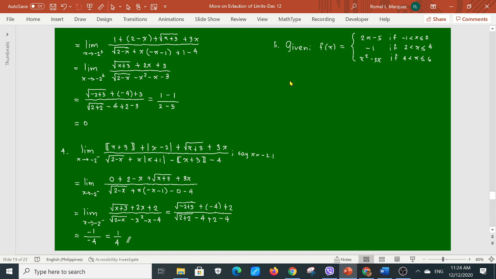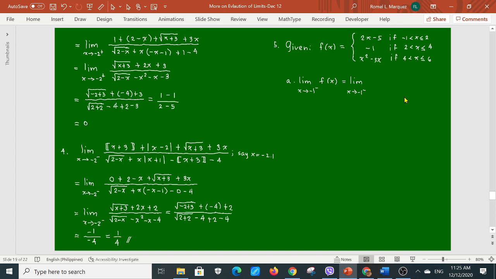Okay? And then we are asked of the following, letter A. What's the limit as x approaches negative 1 from the left of f of x? So this is equal to the limit as x approaches negative 1 from the left. So what are those x values that are to the left of negative 1?